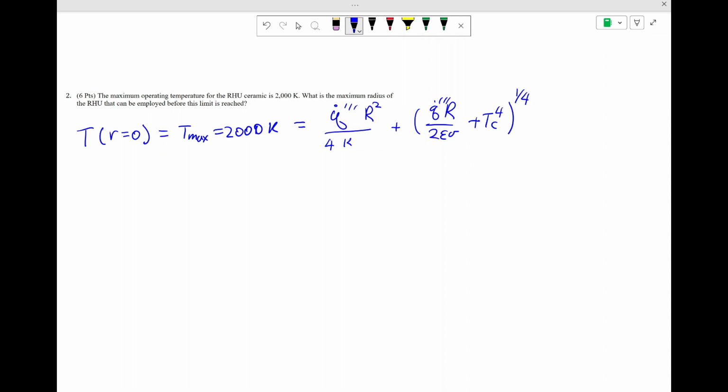And what we'll do is solve for R in this case, such that this whole group on the right hand side equals 2000 Kelvin.